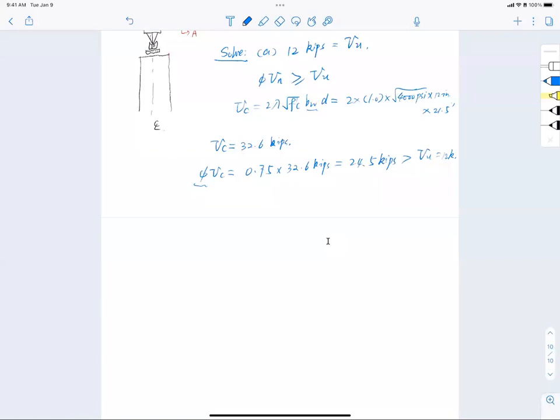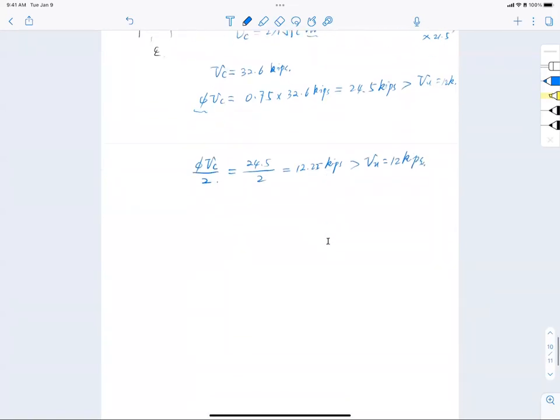All right, so at this moment I started to realize, if this is the case, my phi Vc divided by 2, and ladies and gentlemen, I need you to focus here, phi Vc divided by 2 equals 24.5 kips divided by 2, and that is 12.25, still larger than the applied shear, which is 12 kips. What does that mean?